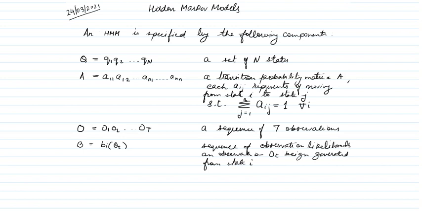And we can have some initial states and final states. So Q0 is the initial state, Qf is the final state. So the start state and end state.